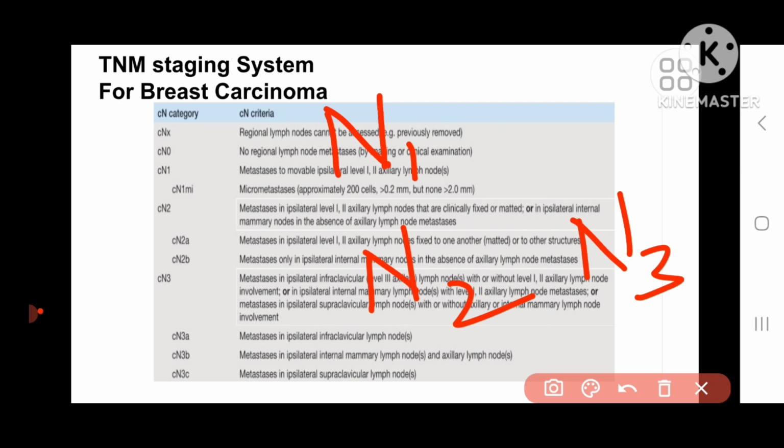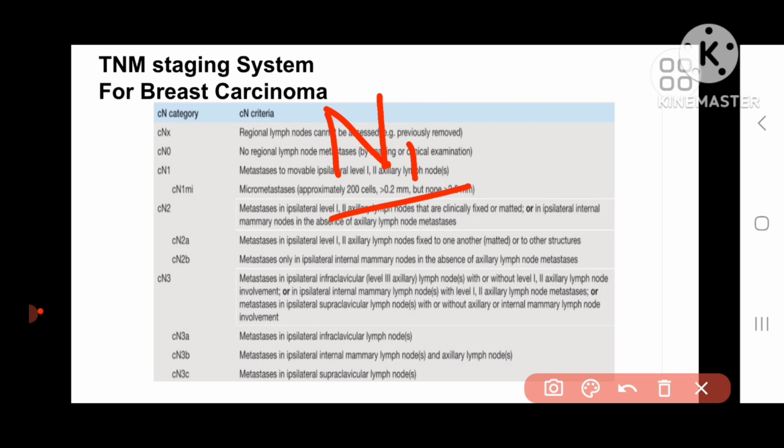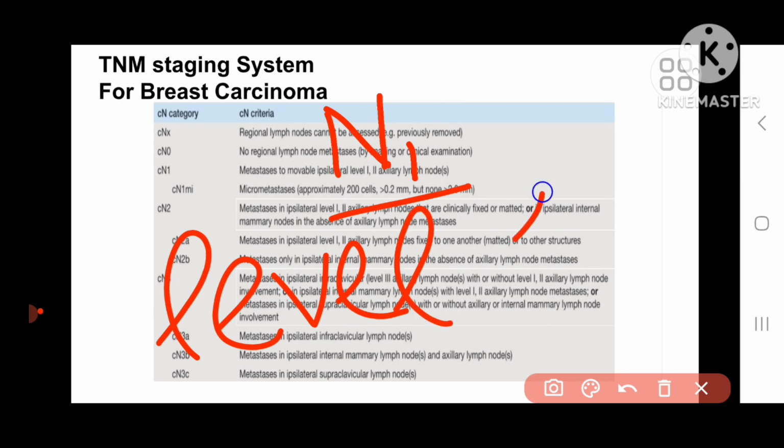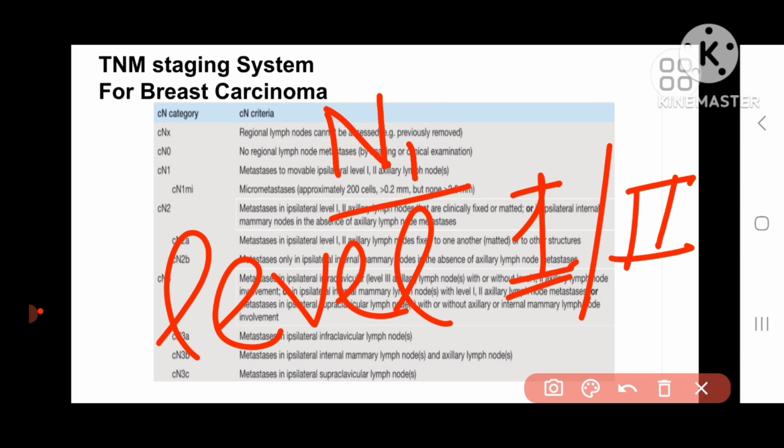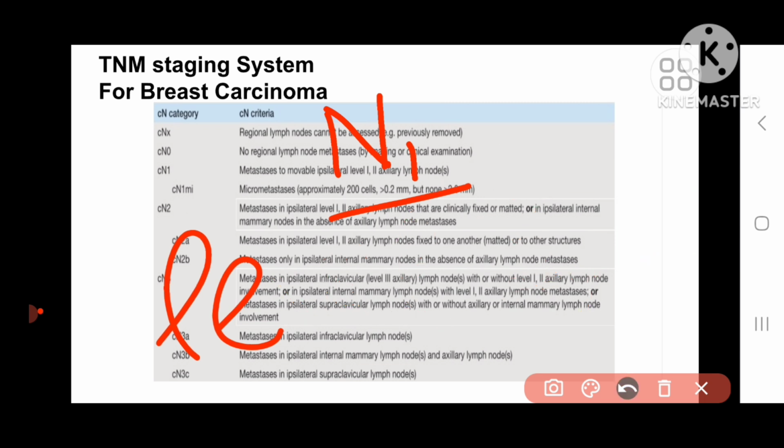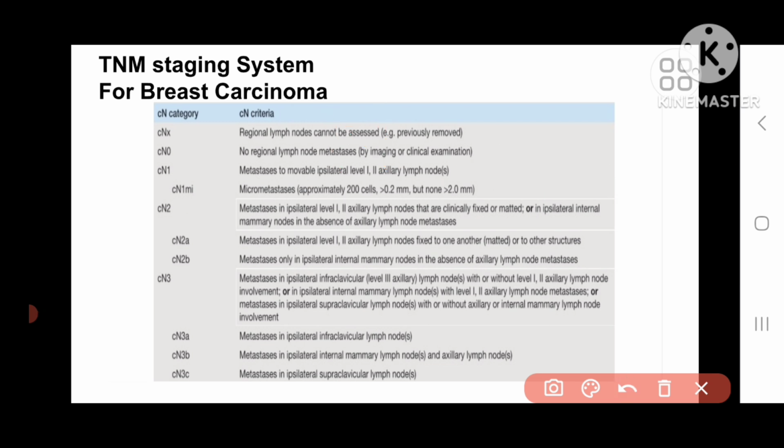N1 means metastasis to ipsilateral axillary lymph nodes level 1 and level 2. And N2 means metastasis to axillary lymph nodes level 1 and level 2 but fixed to each other or other structures.